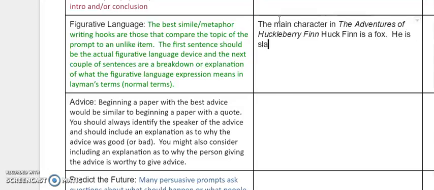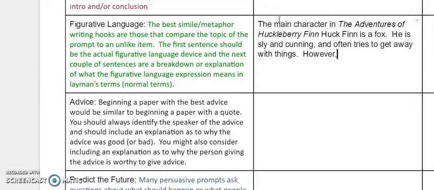He is sly and cunning and often tries to get away with things. However, he really is like most 14-year-old boys. Okay.